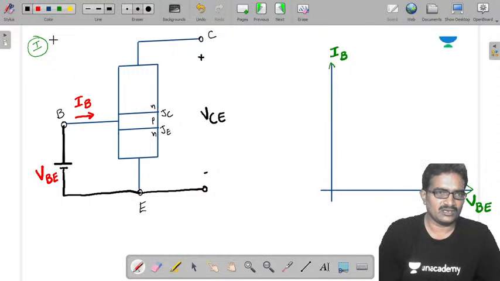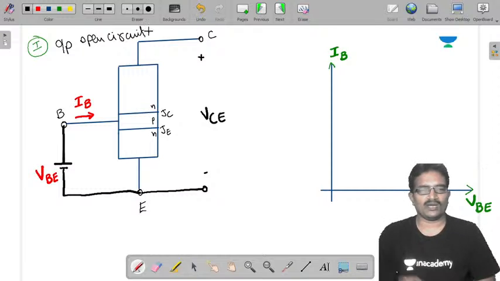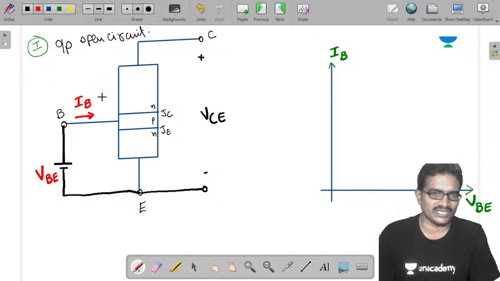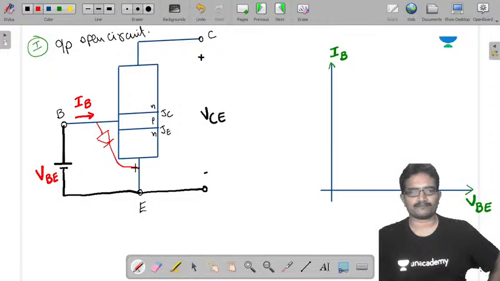Step 1 is output open circuit. Once the output is open circuit, there is no voltage we are applying between these two. Now it is similar to P connected to the positive terminal, N connected to the negative terminal, similar to a forward biased PN junction diode. Is it okay, sir?